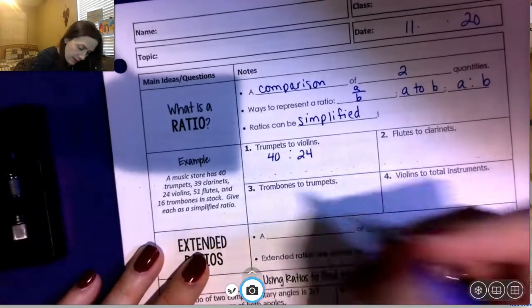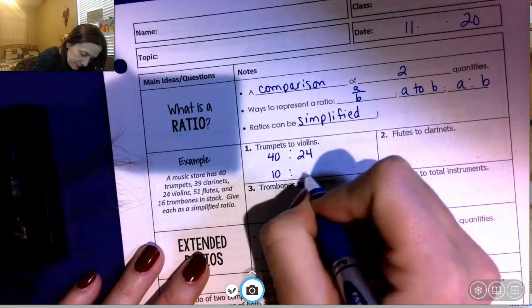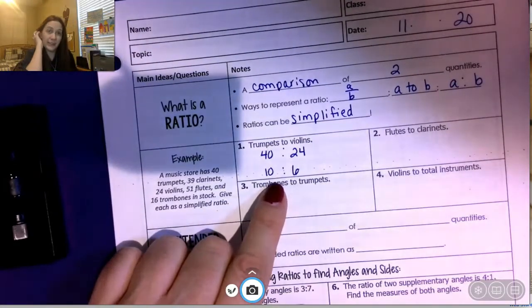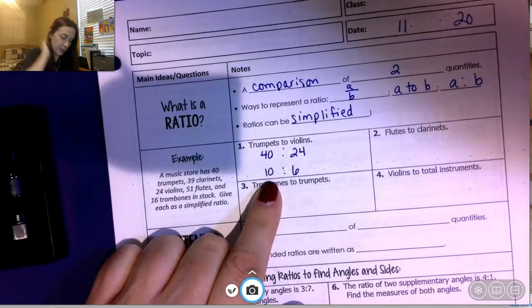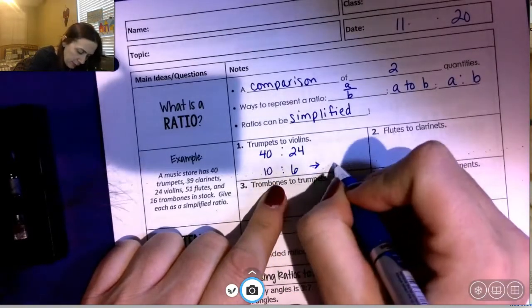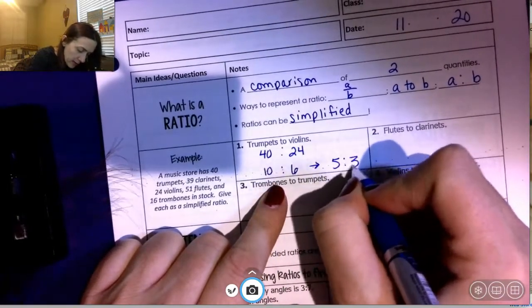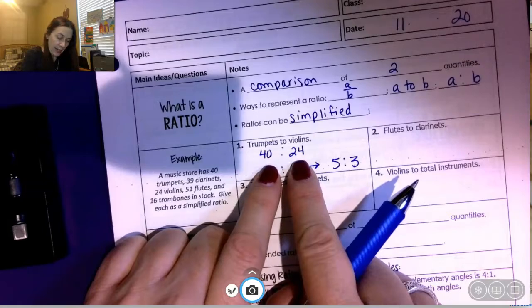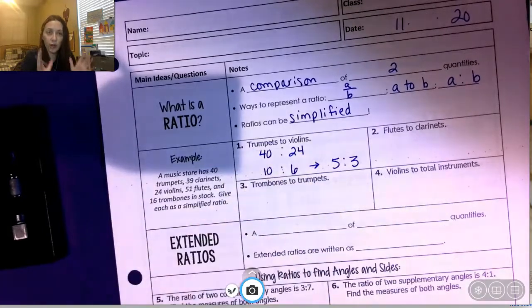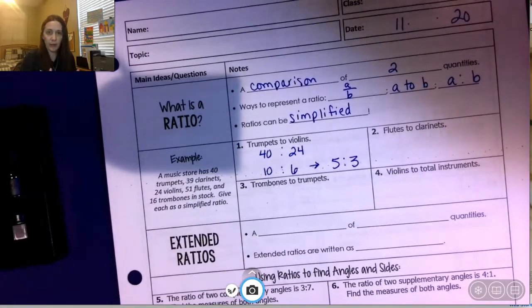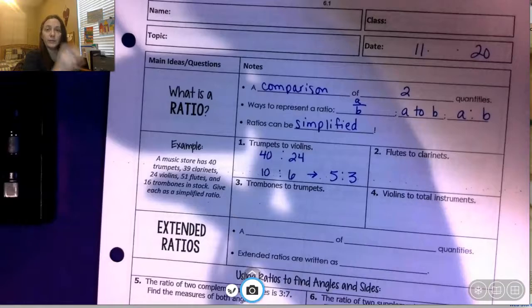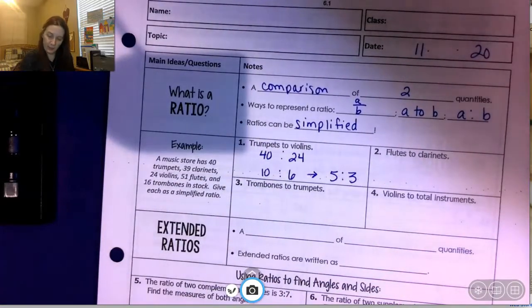I end up with 10 to 6. Oh wait, I didn't simplify quite far enough. Make sure you simplify completely. I can simplify by 2 again, so I actually end up with 5 to 3. Which means I could have simplified from the beginning by 8. So if you see your largest factor, simplify by that one to begin with. If you don't see it, just remember to keep simplifying.